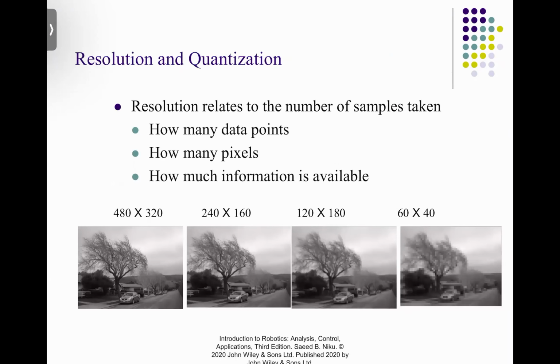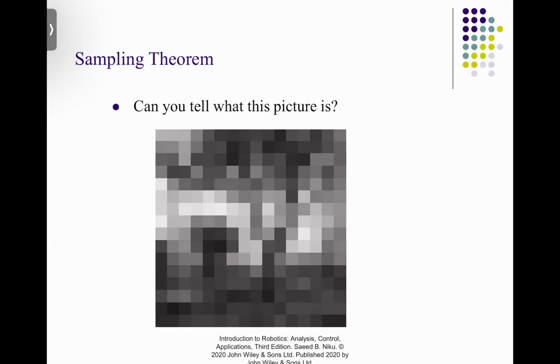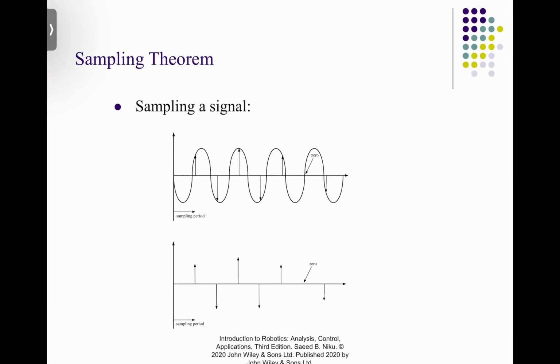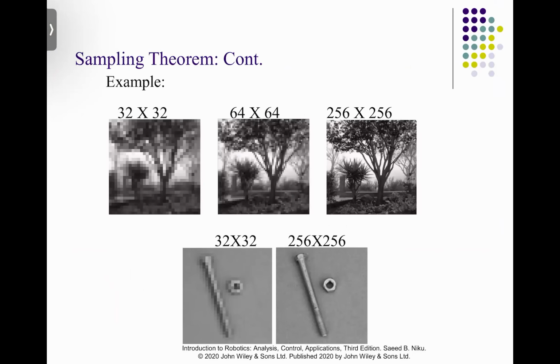We also talked about what we mean by resolution and quantization. For image processing, both of these components are very important. We talked about the sampling theorem, the Nyquist criteria, and aliasing. We also talked about how sampling affects the quality of the image.